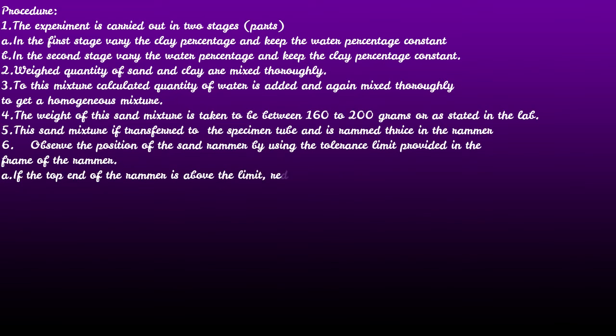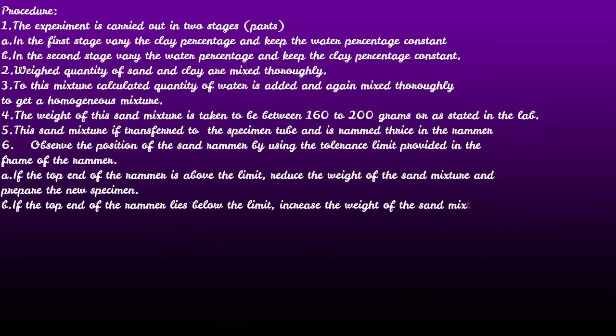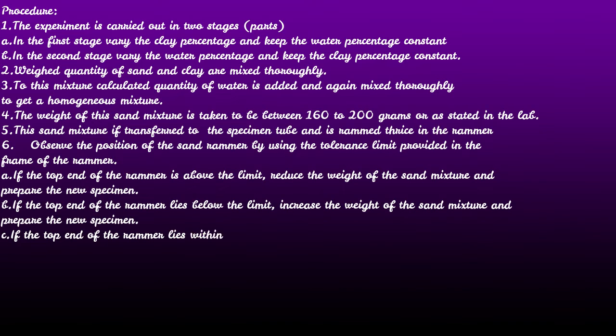A. If the top end of the rammer is above the limit, reduce the weight of the sand mixture and prepare a new specimen. B. If the top end of the rammer lies below the limit, increase the weight of the sand mixture and prepare a new specimen.